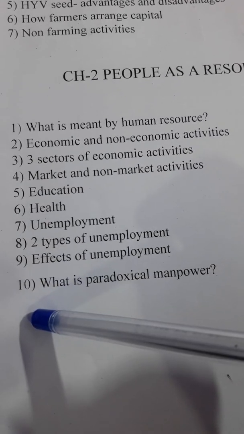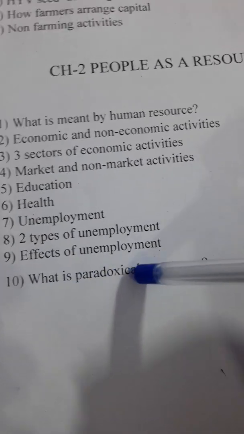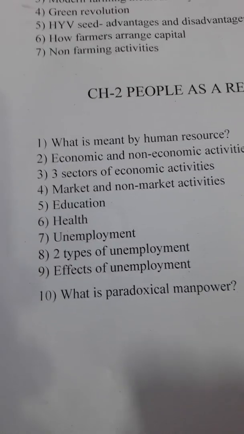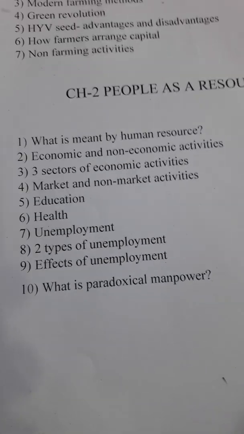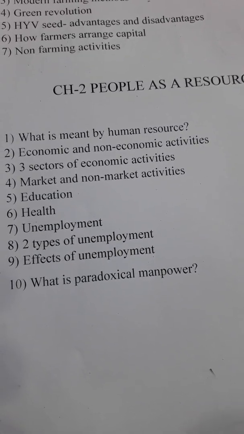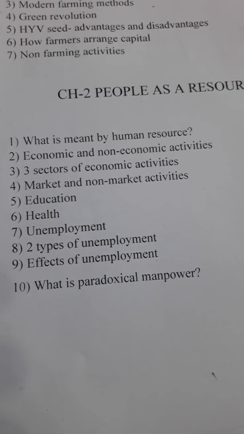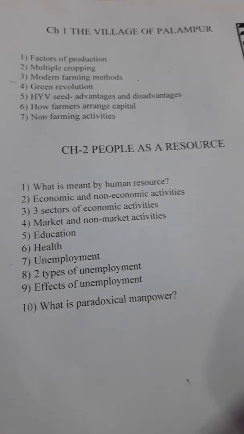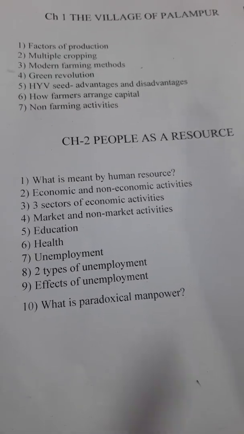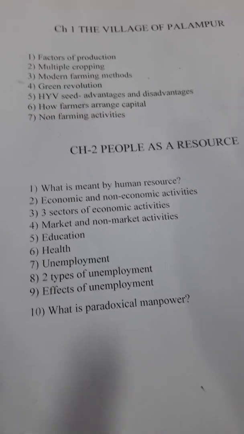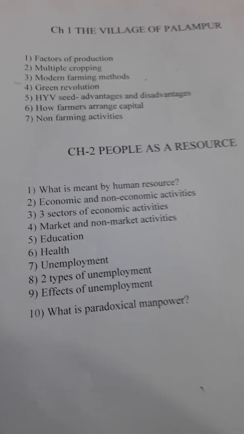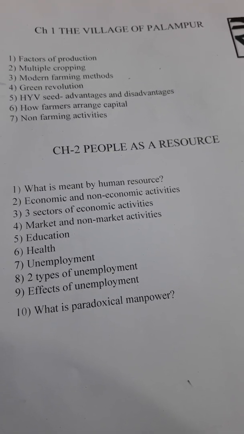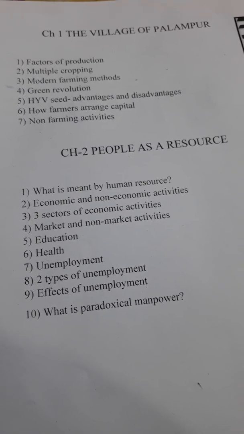And the last question of this chapter is what is paradoxical manpower. In the last concept, unemployment, it is mentioned what paradoxical manpower is. You can find all the answers to all these questions and learn them, because these are very, very important questions for class 9 economics, chapter number 1 and chapter number 2.